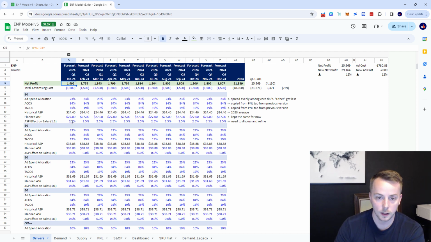In this case, raising the price hurt net profit because there was a 2.5% sales drop, is essentially what this is saying. But this is just using a 1-to-1, so the percentage that we go up is the percentage in sales volume that we lose. That isn't accurate. It's just to test the model.